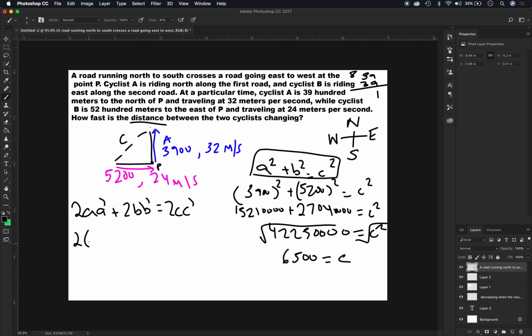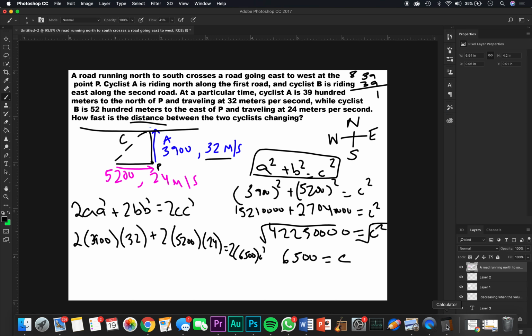So 2 times 3,900 times a prime, plus 2 times 5,200. They've given us b prime equals 2, and they want c prime.